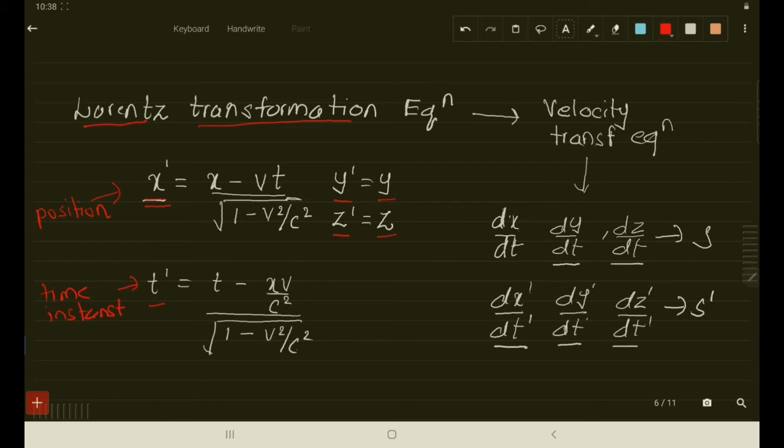Velocities in the S frame of reference will be dx by dt, dy by dt and dz by dt, whereas in the S dash frame of reference it will be dx dash by dt dash, dy dash by dt dash and dz dash by dt dash. And we will obtain relations between these two by equating these two velocities using the Lorentz transformation equations. Let us see how.